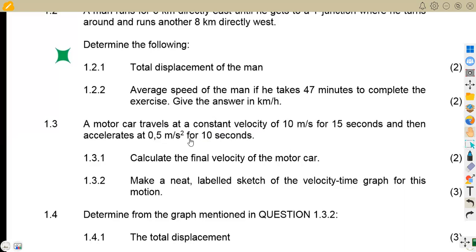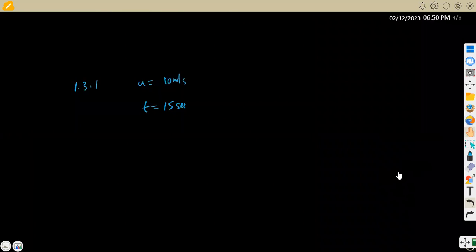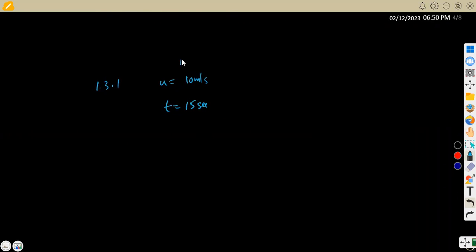So this is another piece of information. We can say this is the first phase of our information, then the second phase is where we've got an acceleration of 0.5 meters per square second, and the time in this phase is 10 seconds. All right.